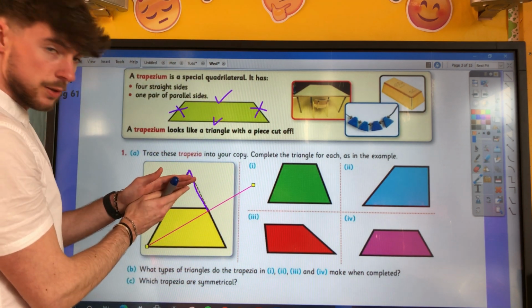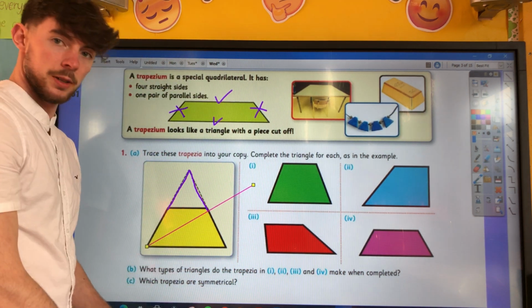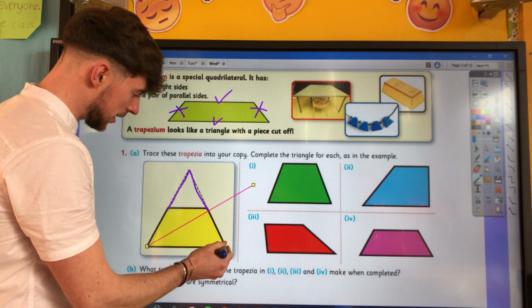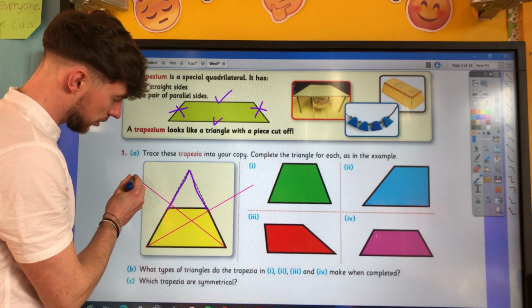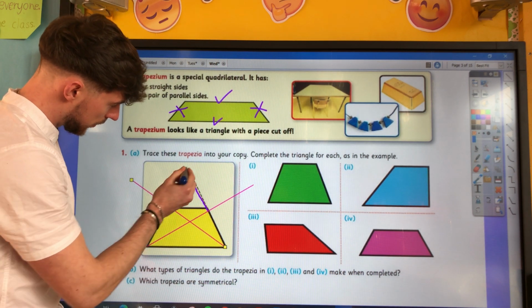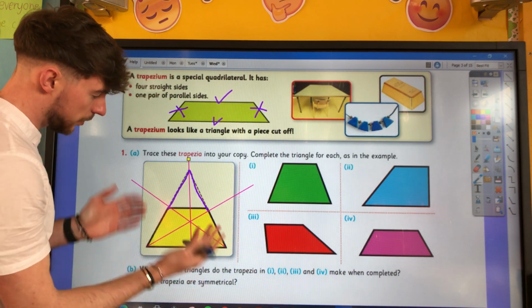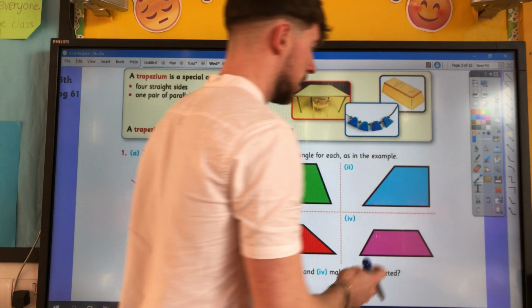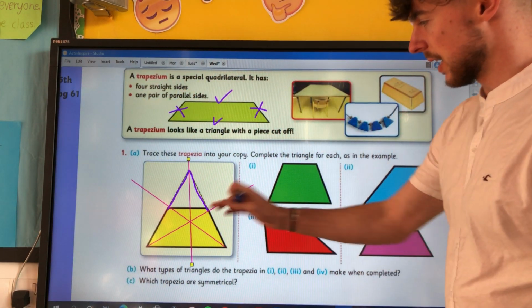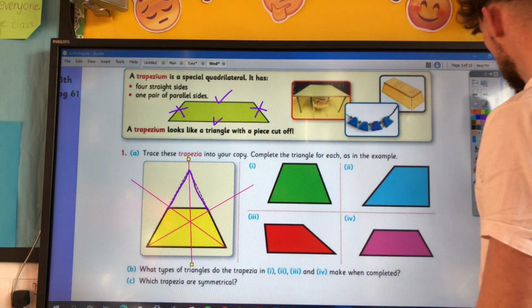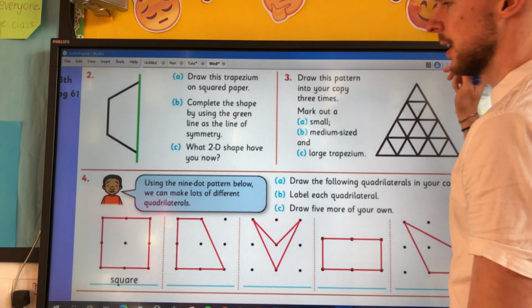So if I folded these over, would they be symmetrical? Yes, they would. So we have actually 3 lines of symmetry through here, don't we? We have 3 lines of symmetry. Okay, so if we folded them over any of those 3 ways, we get a line of symmetry. So that is symmetrical.